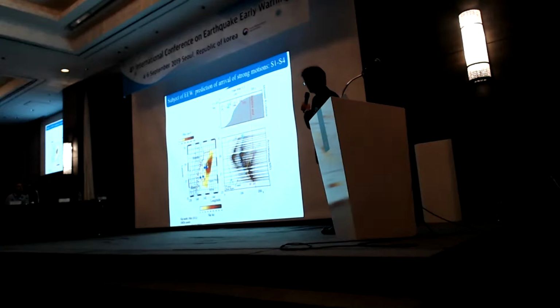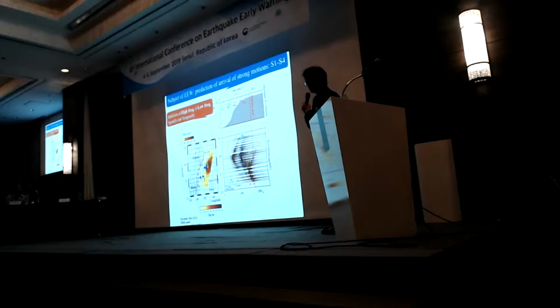First, the radiation of high frequency is different from that of low frequency. For example, this is the slip distribution and the strong ground motion generation areas S1, S2, S3 and S4, and the timings of S1, S2, S3, S4. So radiation of high frequency and low frequency differ in space and time.